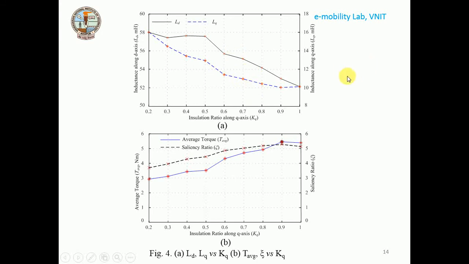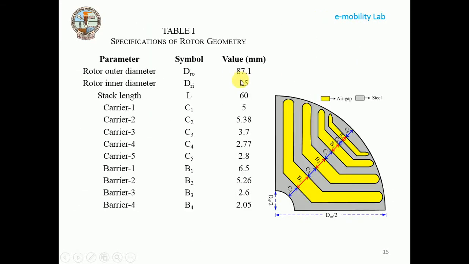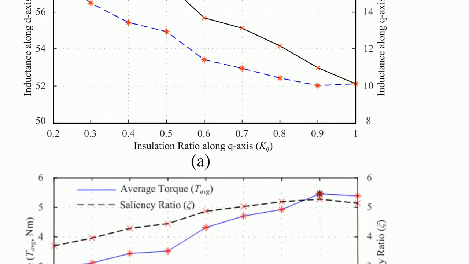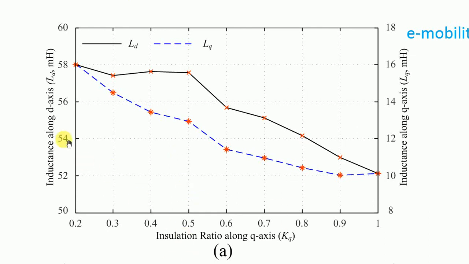These are some results which we obtained here. The first figure consists of the inductance along D and inductance along Q, that is LD, LQ, versus insulation ratio.